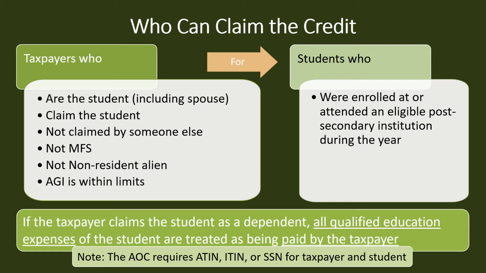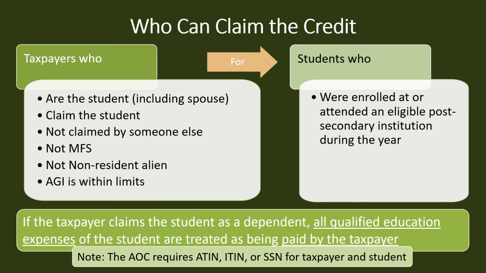No married filing separately, and they cannot be a non-resident alien, and they're going to need to have an adjusted gross income within certain limits. So if those things are true about the taxpayer, then they can claim the credit for a student who was enrolled at or attended an eligible post-secondary institution during the year.